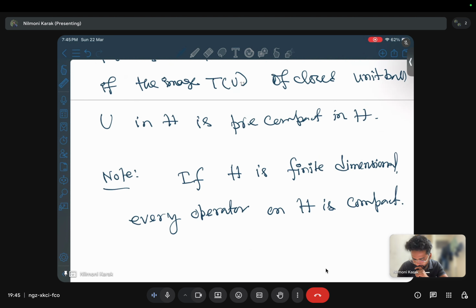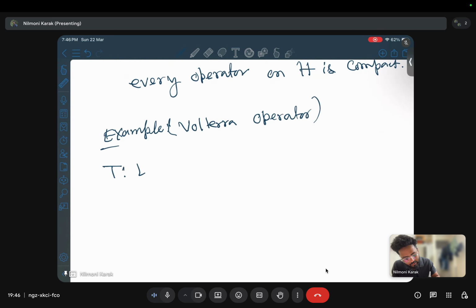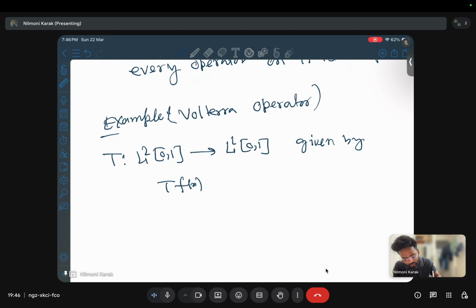We now look at a more interesting example of a compact operator on Hilbert spaces. This is called the Volterra operator. So consider T from L2[0,1] to L2[0,1] given by T(f)(x) equals the integral from 0 to x of f(t) dt.